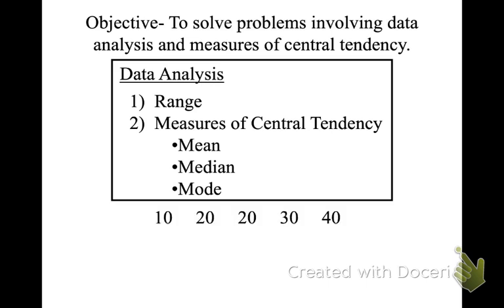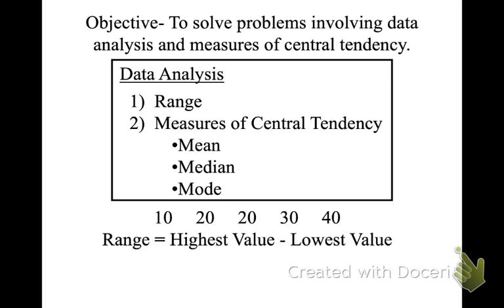Okay? So for instance, here we go. I've got 5 pieces of numerical data. And to find the range, we're going to look for our highest value to our lowest value. Okay? Now our mean, on the other hand, there's going to be some math involved.